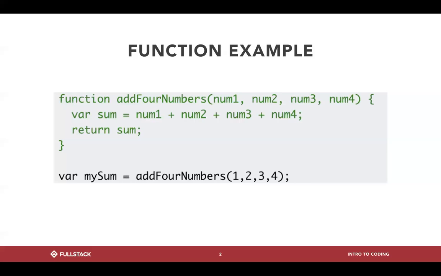So now var sum equals 10. And then we return sum. So we return 10. What happens is add 4 numbers yields the number 10, and then that number is stored in my sum because we have a variable declaration attached to this function call. So now my sum is equal to 10.